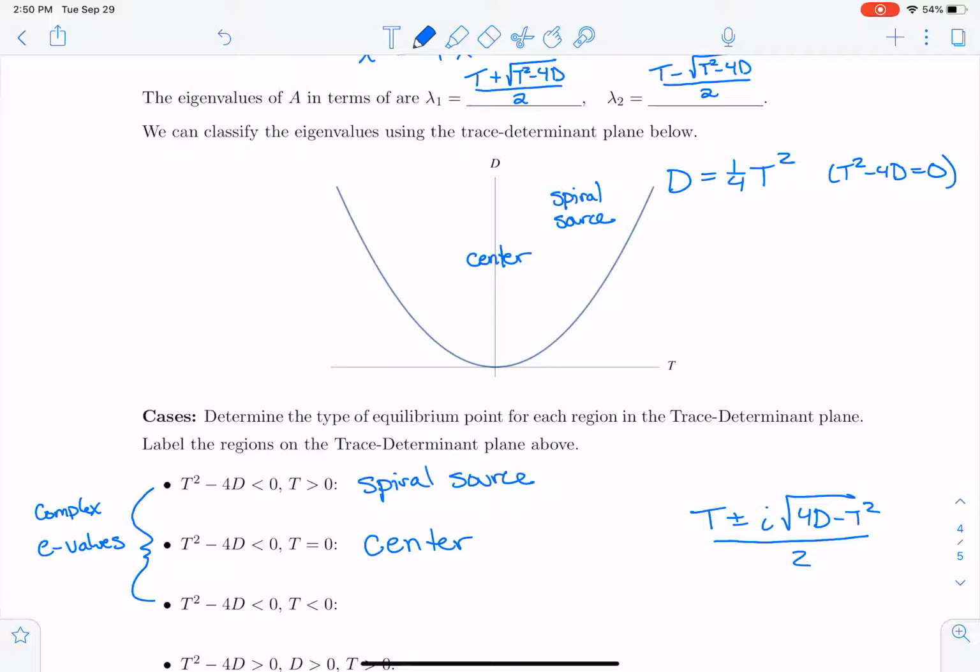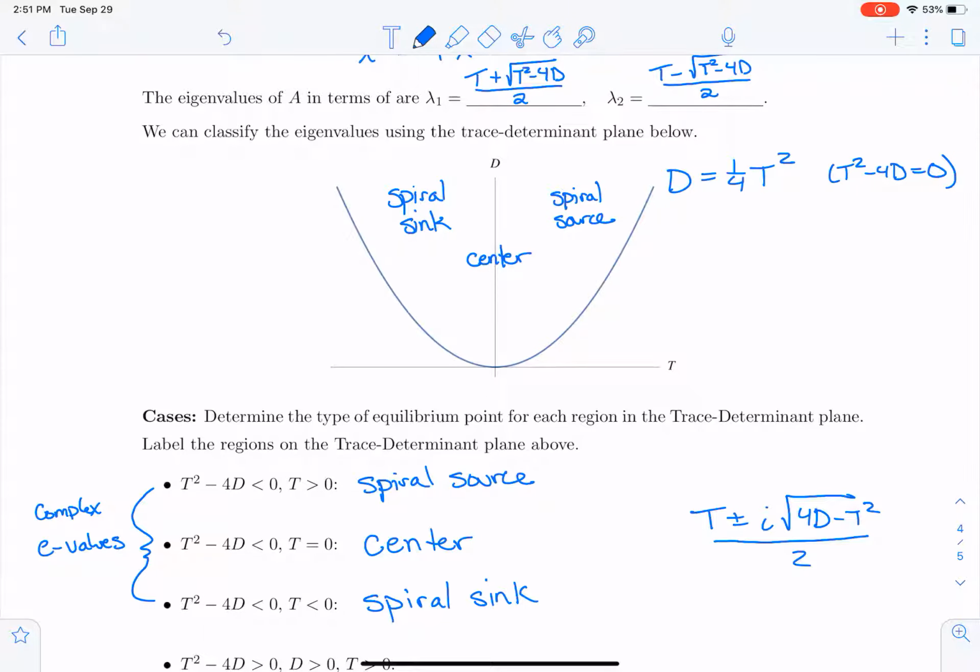And if T is less than 0, then the real part of our eigenvalue is negative. And so for those complex eigenvalues, we get a spiral sink. And so in this area of the trace-determinant plane, we get a spiral sink.